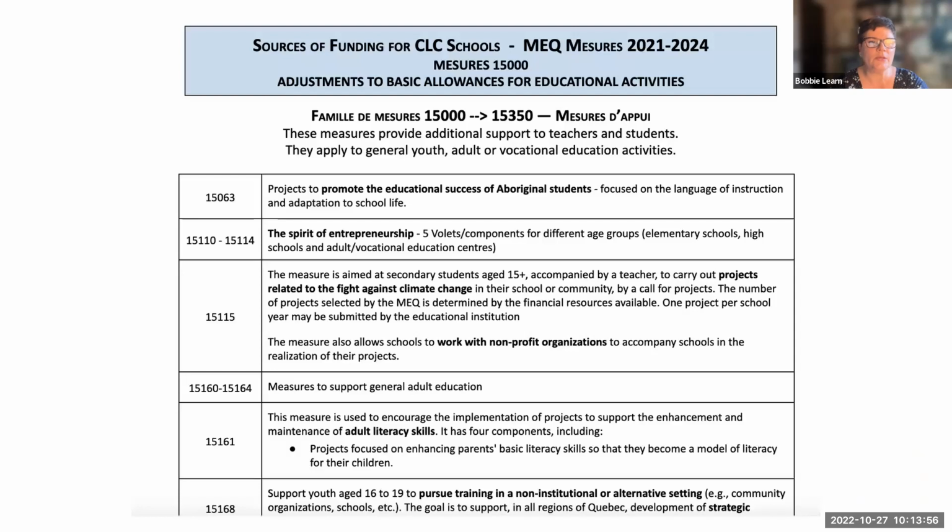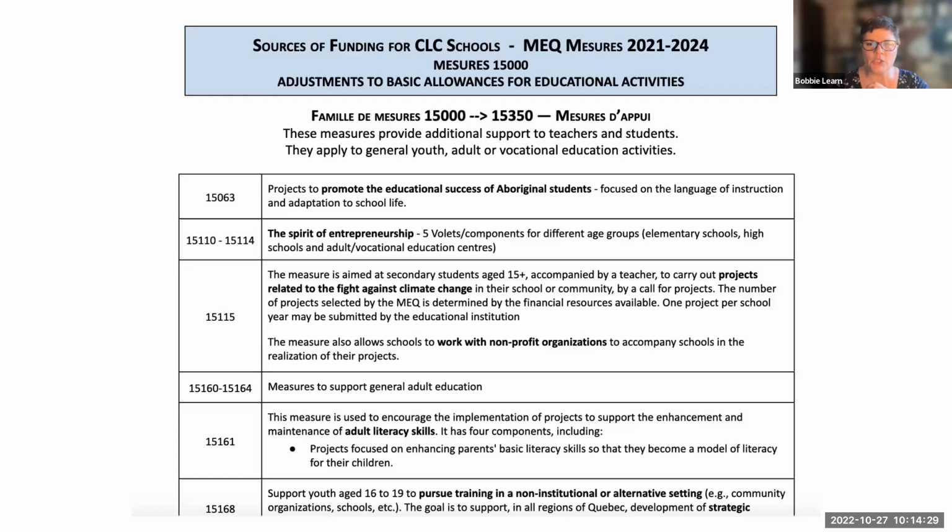Now, this is a document that was created by Debbie at the PRT. These are some of the mesures that you may be able to access by speaking to your principal. Principals are the ones who apply for these. But the good thing about looking at the mesures is that they are specifically targeted to issues in your school. So this here in particular, it says cluster of MEQ mesures, 15,000 to 15,350.